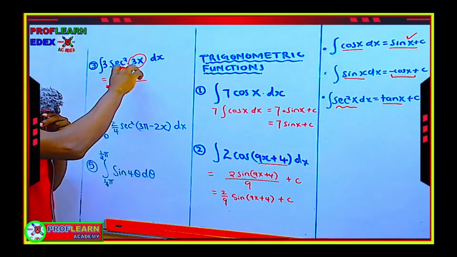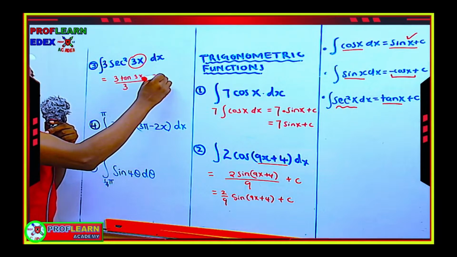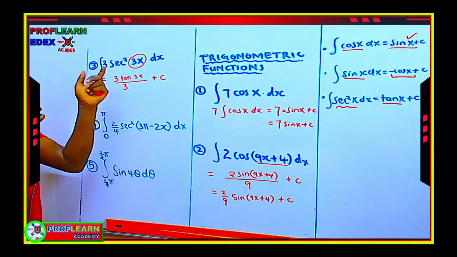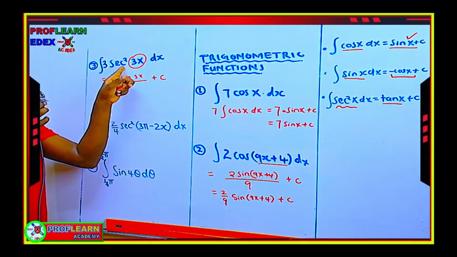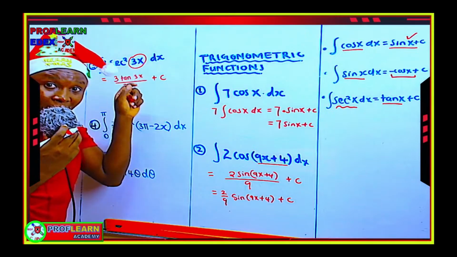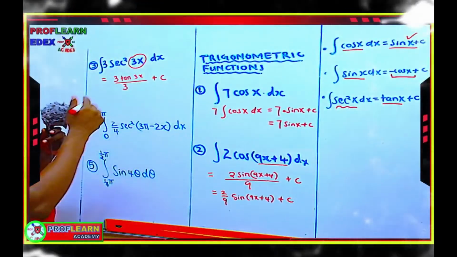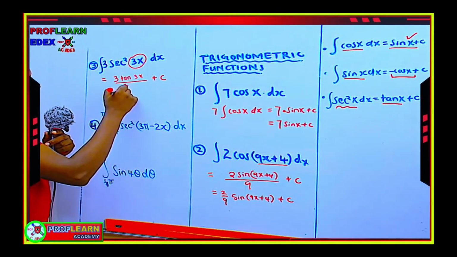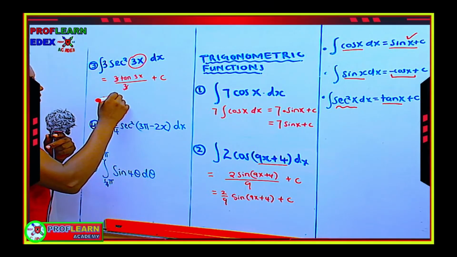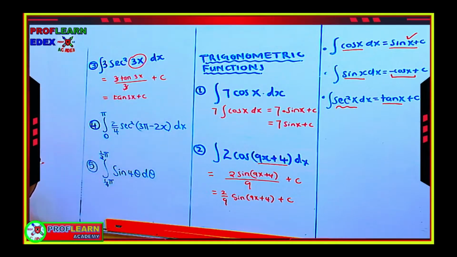So you differentiate 3x, it will give you 3, then you divide by it, then you say plus c. The moment you integrate this part, you check what you have here, you differentiate it, then you divide by it. So finally, this and this will cancel out, and we end up having tan 3x plus c.